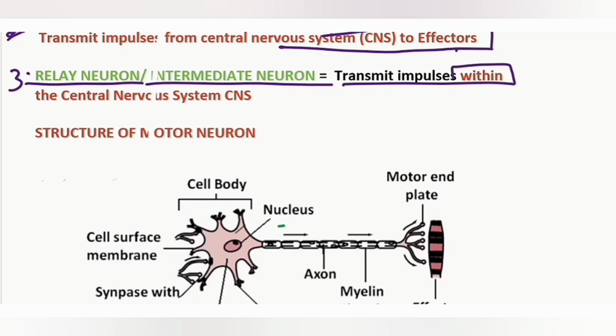If the message has to be sent from one part of the brain to another part, where it will be interpreted, from where it will send impulses to the appropriate part of the brain, it is sent through neurons known as relay neurons. If the message is being sent from any part of the spinal cord and has to reach any part of the brain, it will be sent from the spinal cord to the brain through neurons which we call relay neurons.